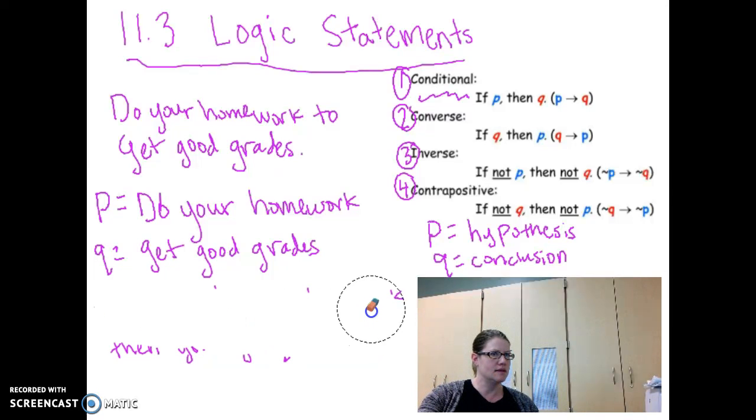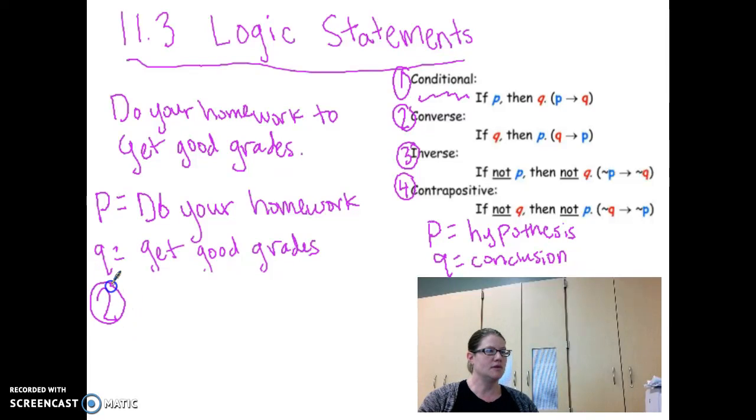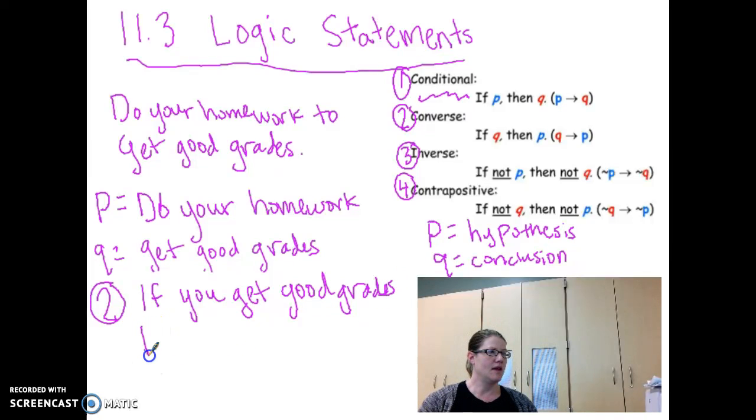I'm going to erase the original statement so that I can write the converse here. So the converse, again, is going to be number 2. I'm just going to switch P and Q. So instead of if you do your homework, then you'll get good grades, if you get good grades, then you do your homework.